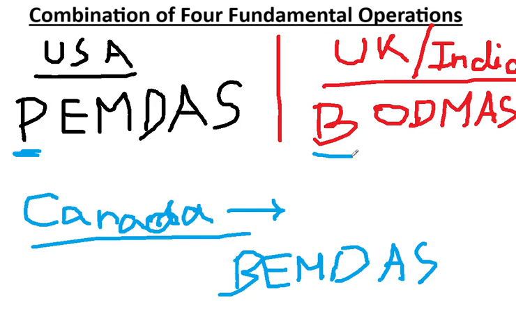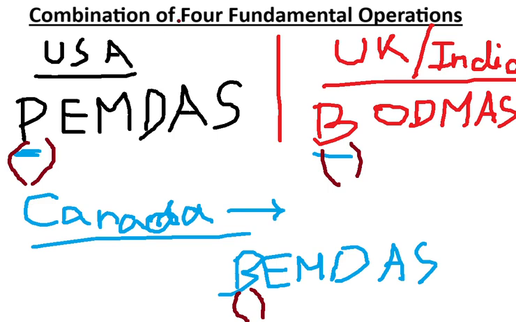So parentheses and brackets are the same thing. This is what we call parentheses in US. In UK, India, Canada, it's called brackets. Therefore, it stands as B in those countries, and it stands for P as parentheses in US, okay?